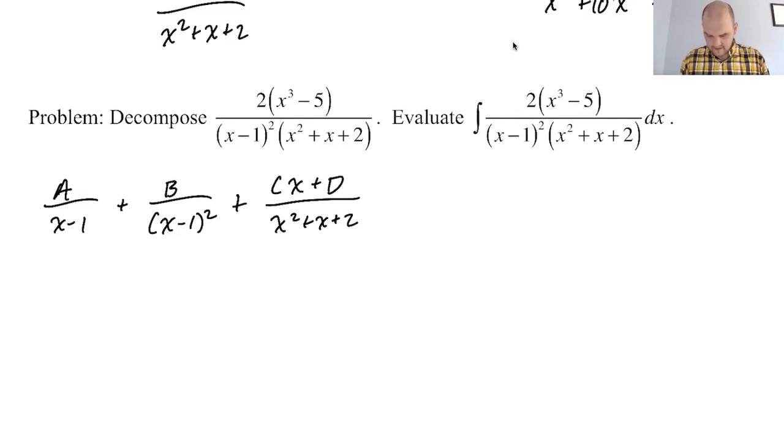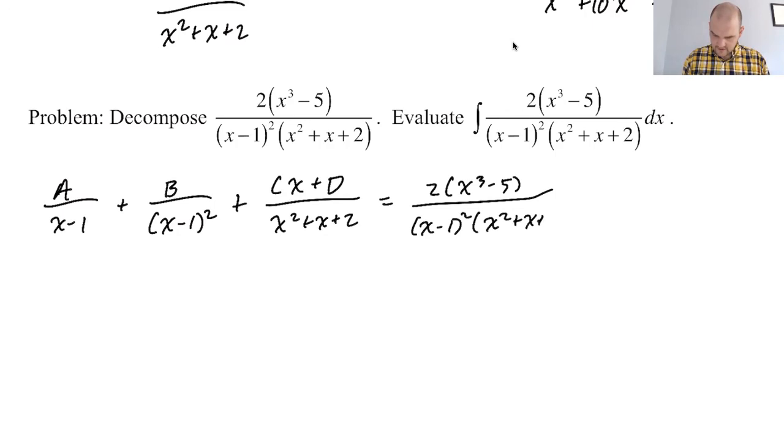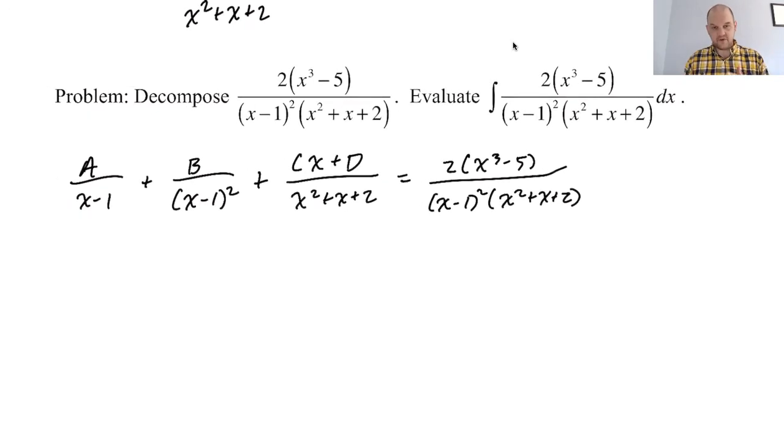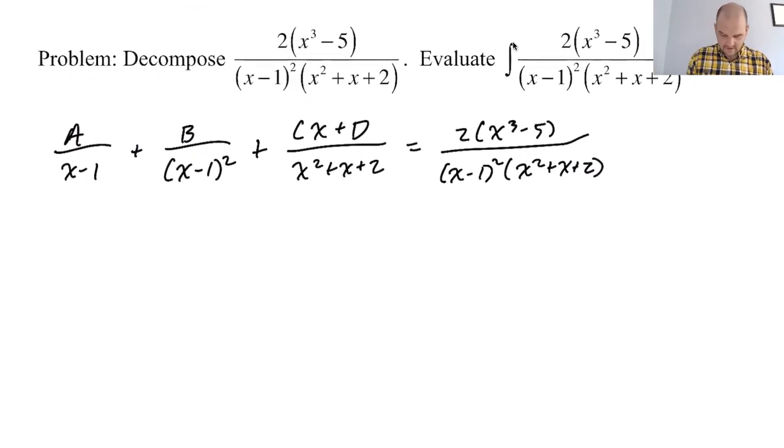Fantastic. And then this will be equal to the quantity x cubed minus 5 over the quantity x minus 1 squared, x squared plus x plus 2. Now what can we do? Well, I do see a linear factor. I can use the cover-up method on the thing that's over the highest power of that, so I can find b.